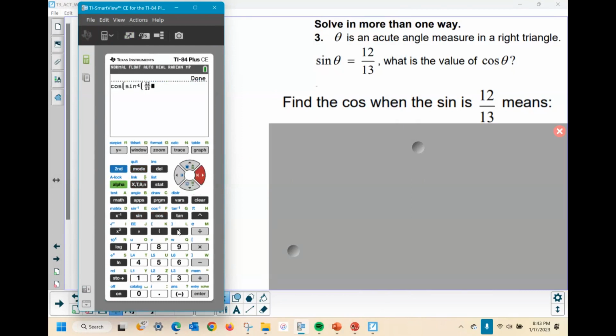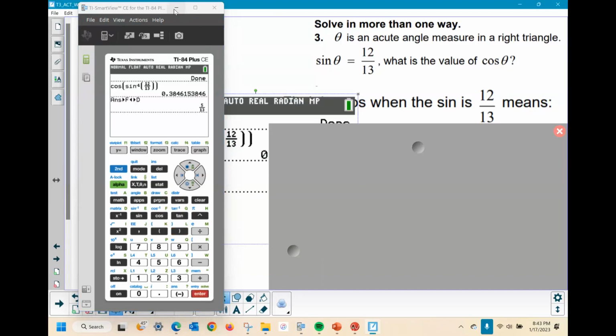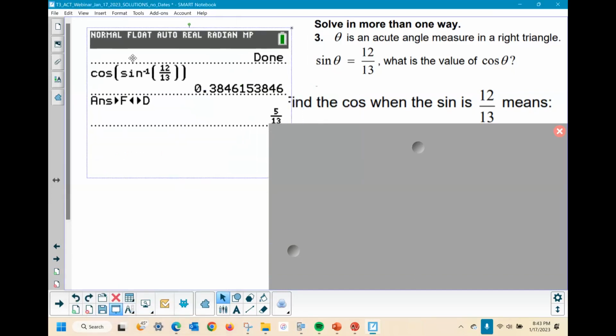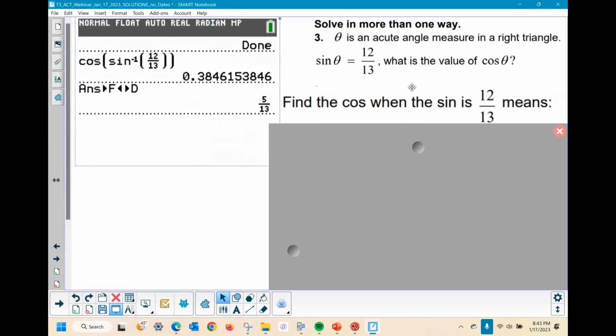And this is helping my students understand what this idea of inverse sine means. Now, when I find the answer, it's not like I would want it as a decimal. But remember, using alpha y equals, we can convert any decimal to fraction or any fraction to decimal, and there's our 5/13. And to me, this really helps students get the concept of an inverse and what this means.